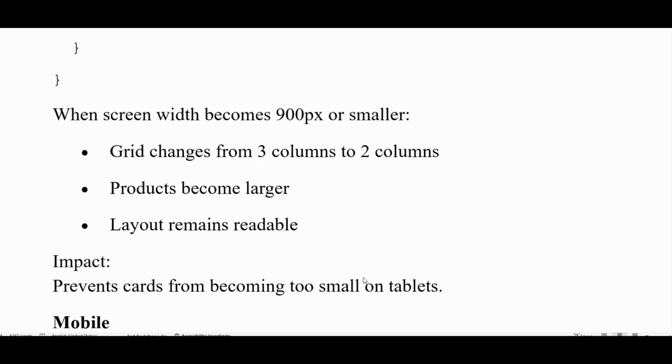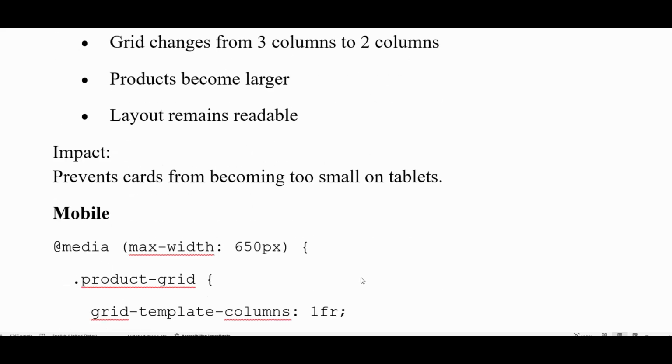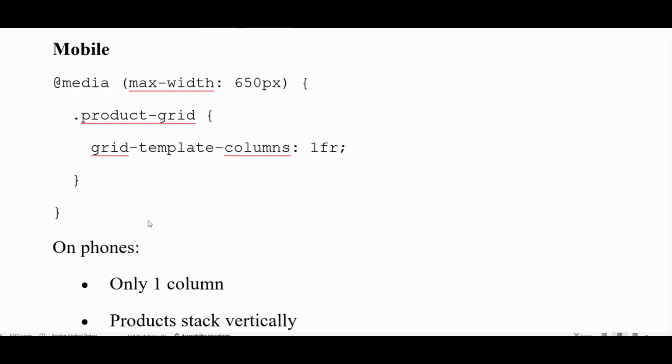It is for tablet. Impact: prevents cards from becoming too small on tablets. Mobile. Here it is: media, max-width 650, product grid, grid-template-columns, 1fr.